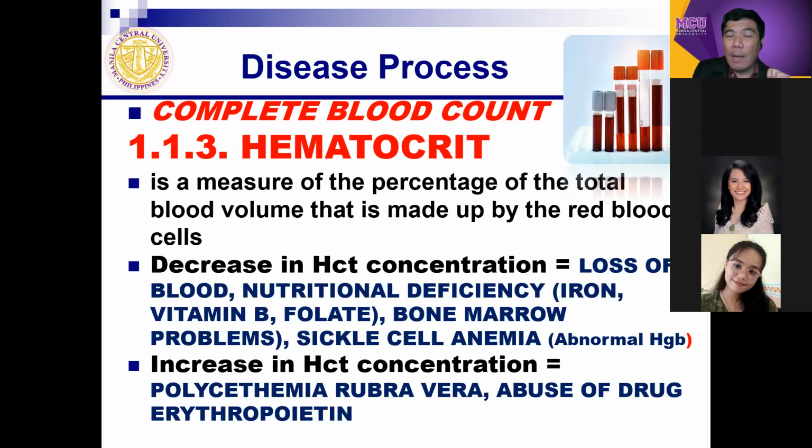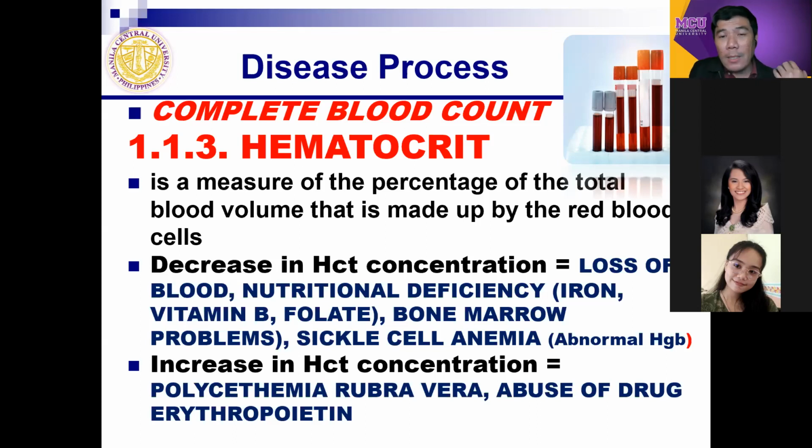For patients who may have stab wounds, whenever there will be penetrating wounds caused by stabbing, you must not remove the foreign object that penetrated the body, because once you remove it, it may cause internal bleeding. So usually pag mga stab wounds po, internal bleeding, loss of blood, expect low hematocrit concentration.